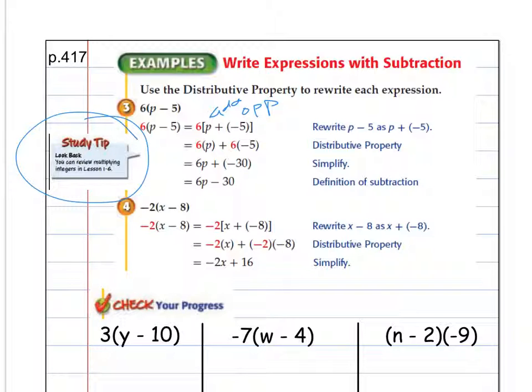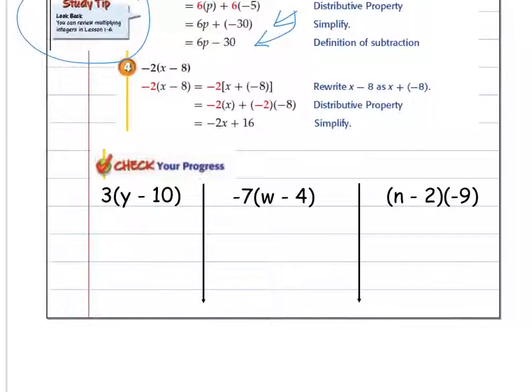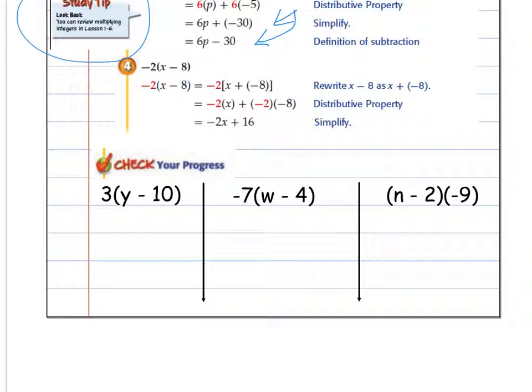And then still distributing 6 to both things, getting a negative. And then again, remembering that adding the opposite is the same as subtraction and rewrite it. Okay? So your option is that you can change it to addition and then change it back to subtraction later. I'll show you one like that and then one just kind of the quicker way if you think of the numbers separate. Use these examples, have them written down, and then maybe try these ones on your own.